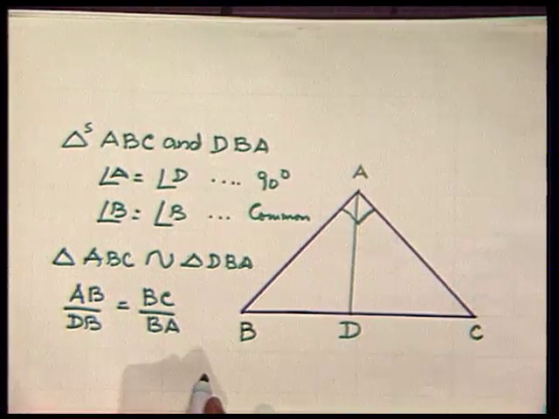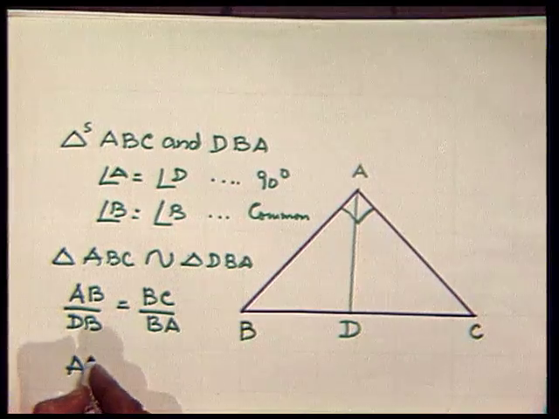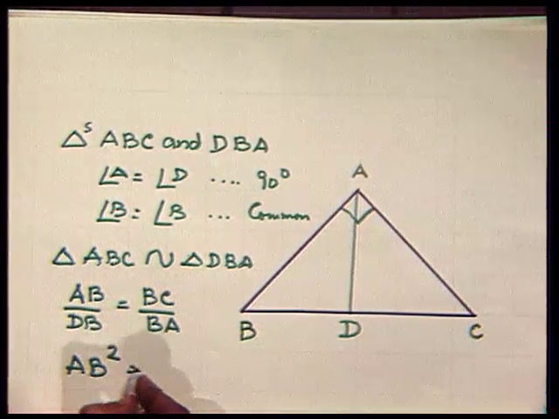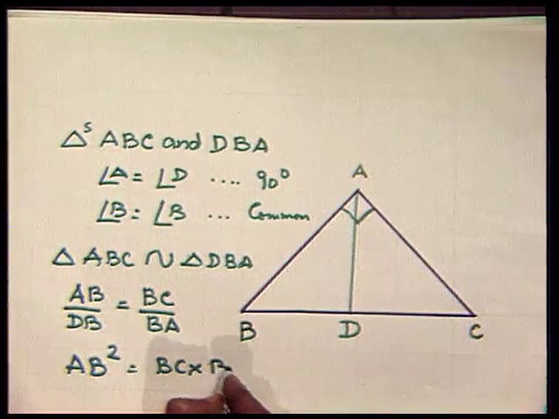If we cross multiply this, we get AB times AB, that is AB squared, is equal to BC into BD.